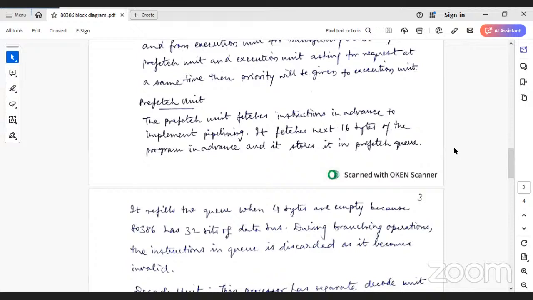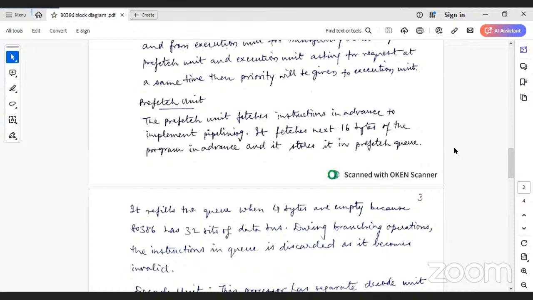So in this branching, the next instructions which were saved in the prefetch queue will not be of use, because one by one it has to prefetch, then decode and execute. That cycle will be there for everything. But if branching is taking place, it is going to some other location, it will execute those instructions, and when the subroutine says return, it will come back to the main program, and again the main program will be executed.